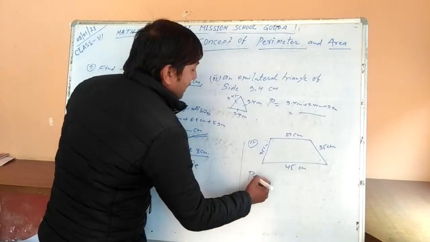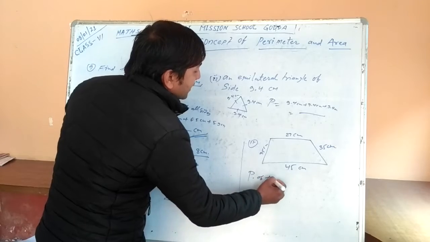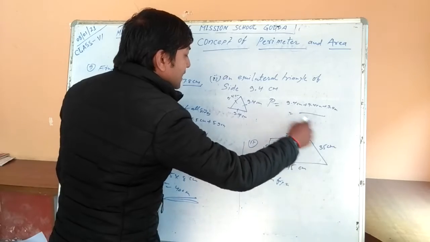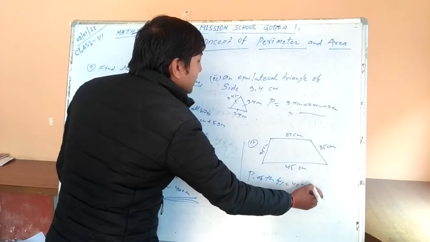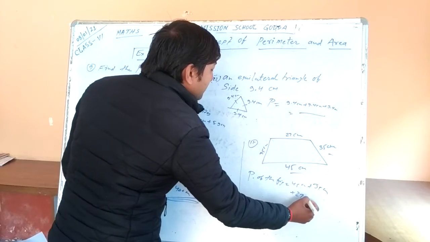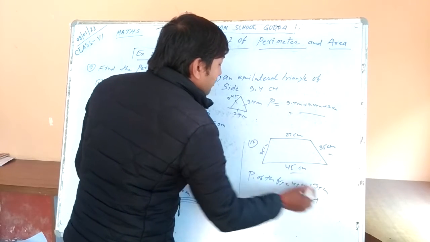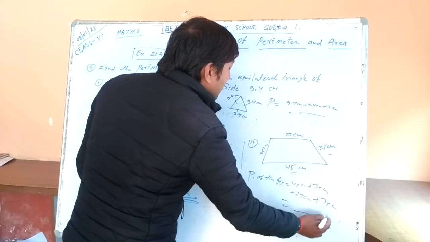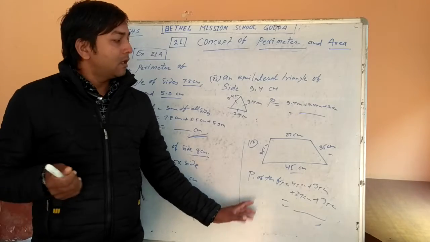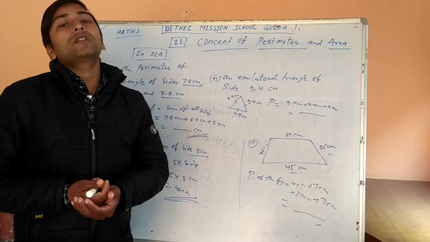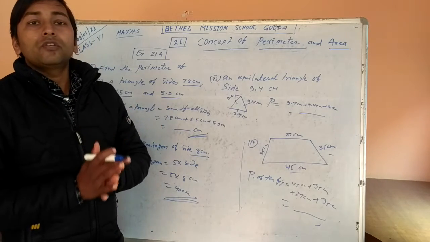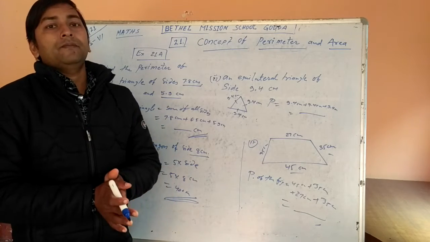So here, add all the sides: 45 centimeter plus 35 centimeter plus 27 centimeter plus 35 centimeter. After adding, you can get the answer. I hope it is clear. And a few more figures have been given in your book, so you can solve them by yourself.